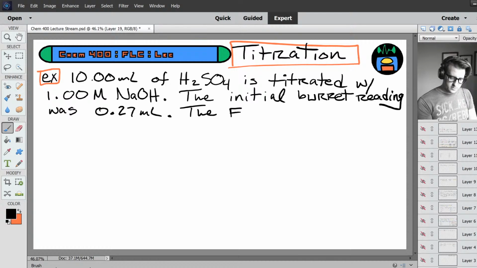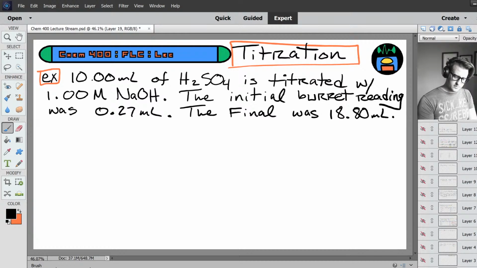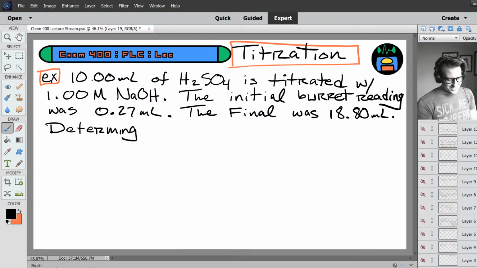The final was 18.80 milliliters. Determine the molarity of H2SO4.